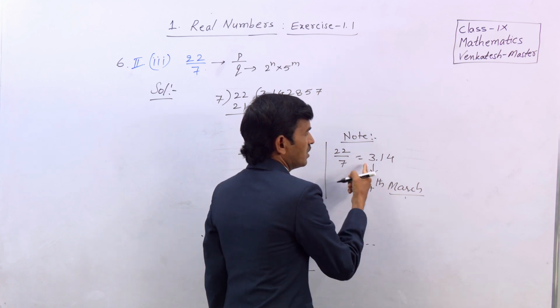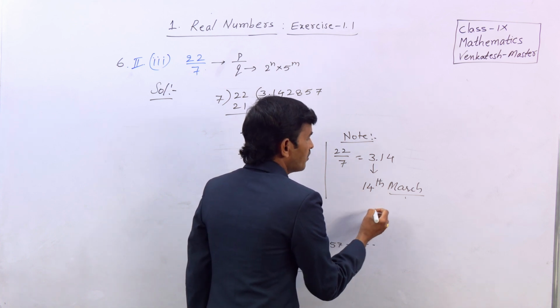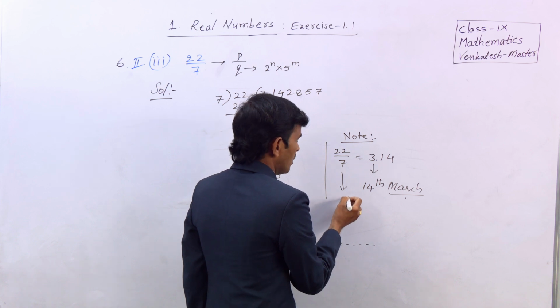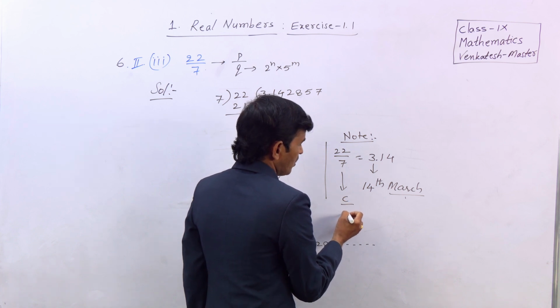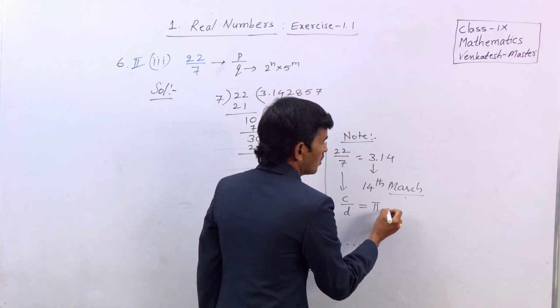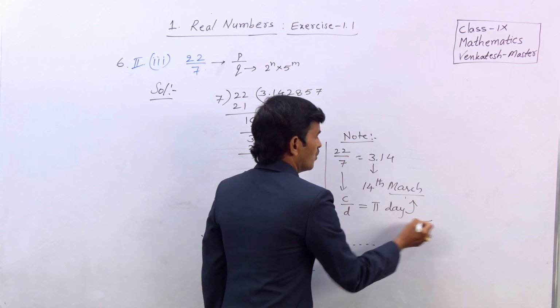March month is nothing but what? Third month. And the 14th of the third month will be celebrated, as 22 by 7 is nothing but what? C by D, circumference by diameter, which gives us pi. Therefore, Pi Day is celebrated on March 14th.